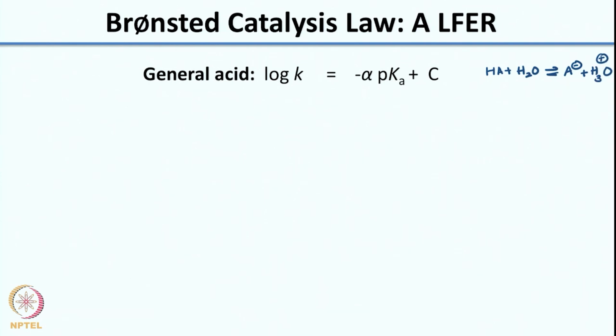When you talk about pKa, you are talking about the ability of the acid to give a proton to water, right. So, this is similar to sigma in your Hammett plot. And alpha is similar to rho.